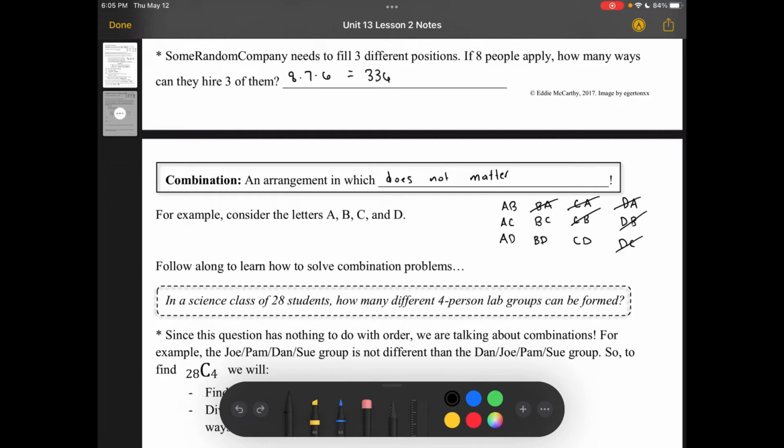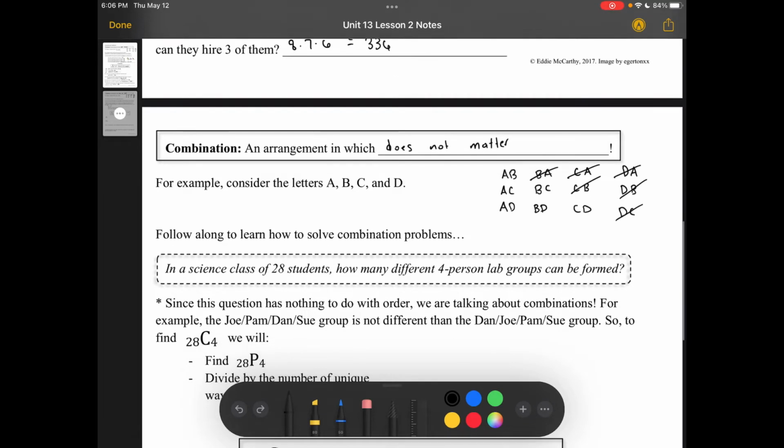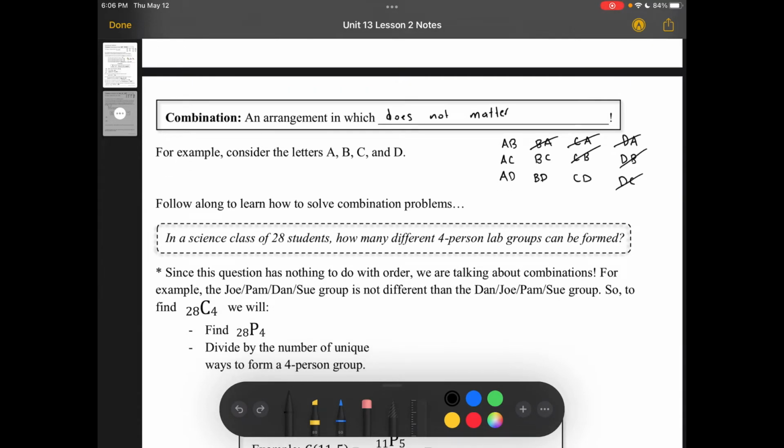If Fred is working with Joe, Joe is working with Fred. The order doesn't matter, however you put it. So, the way that we do this in a quick, concise way, rather than writing out every single permutation and then crossing off the extras, is that we have a method to it.